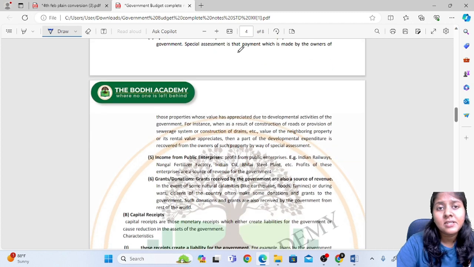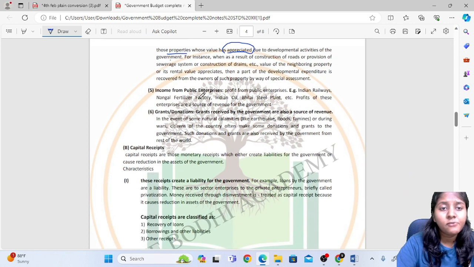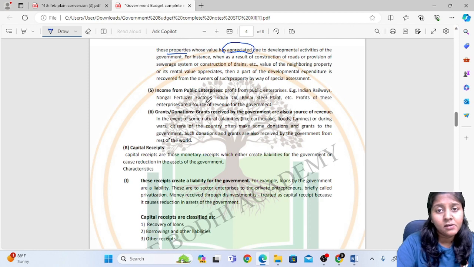This is a payment made by the owners of properties whose value has been appreciated, due to the developmental activities of the government.